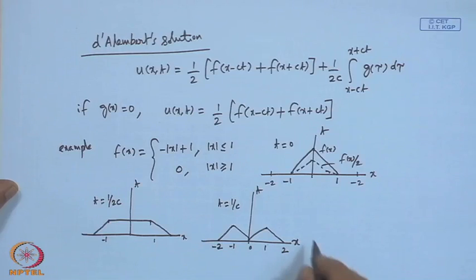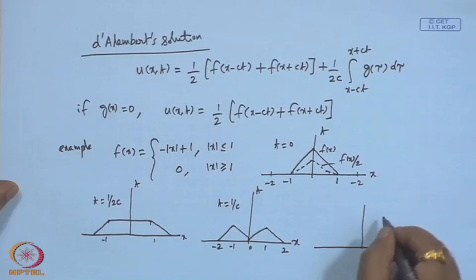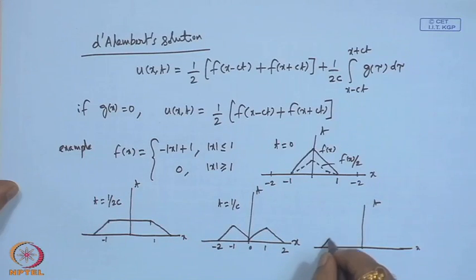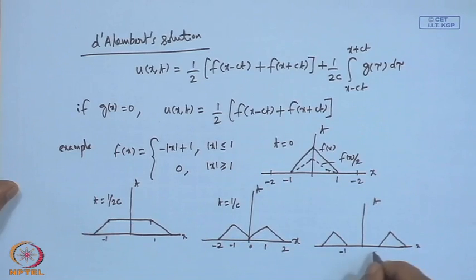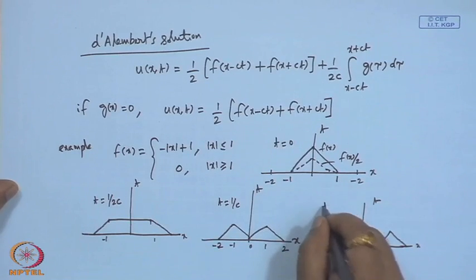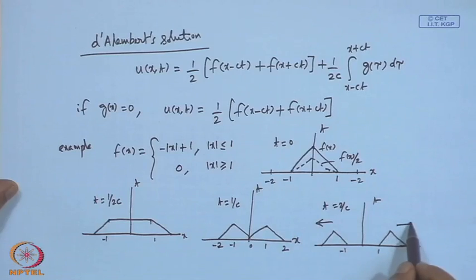Then again after some time, this is at the next time. So, that means with this initial profile, as time progresses, one wave passes to the left and another wave passes to the right. So, this is the popular d'Alembert solution, which explains the physical significance of the solution.